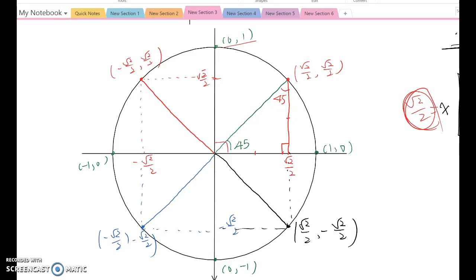Basically, you just read the x value for cosine theta, and the y value for sine theta. So cosine 135 is negative root 2 over 2, sine 135 is root 2 over 2, like this. Okay? So if you understand those two unit circles, then it's much easier to understand all other trigonometric functions. Good? So we will continue trigonometric functions in the next video.